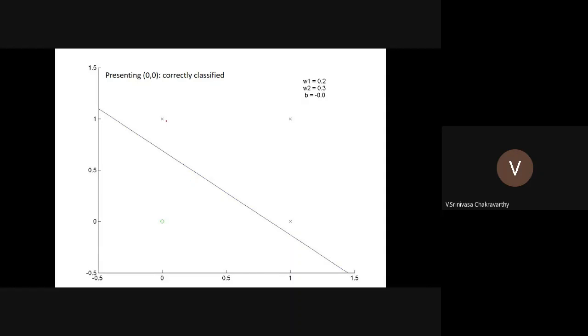These are the 3 points where y equals 1, and this is the point where y equals 0. Now the 3 points are on the positive side of this line, so y is equal to 1, and here on the negative side it's giving correct results. Now you will find that for all the patterns you get correct classification, and therefore it's completely trained.